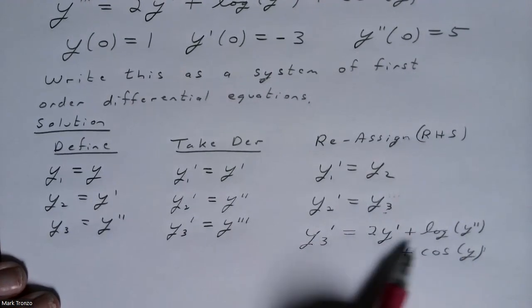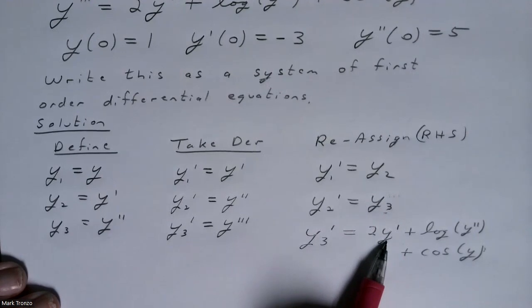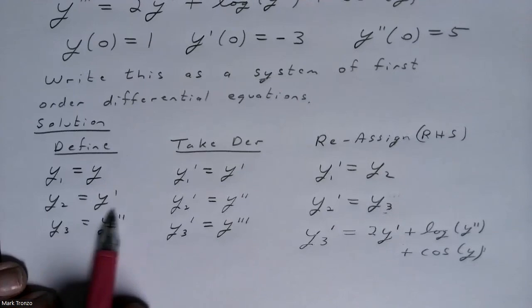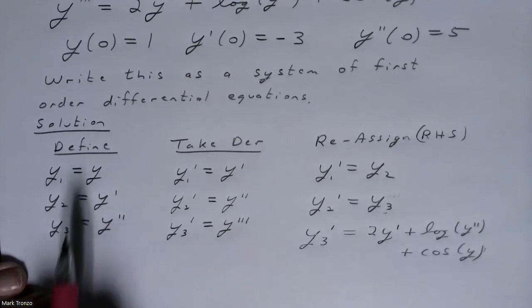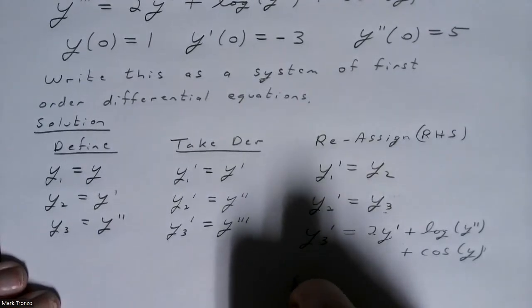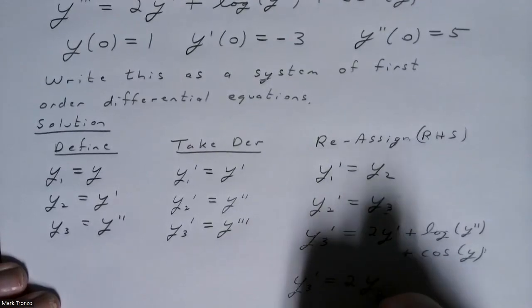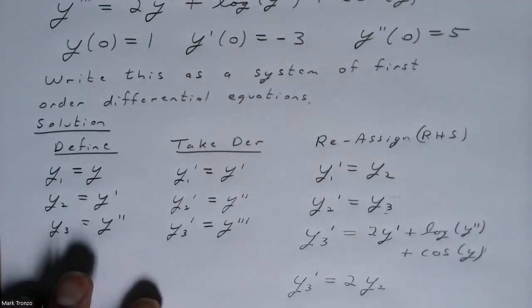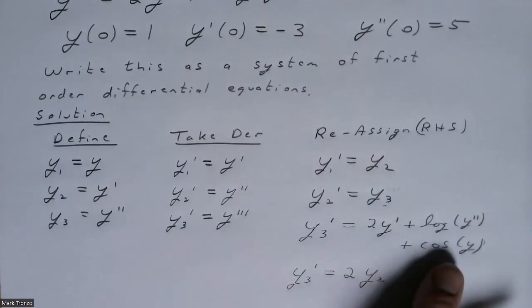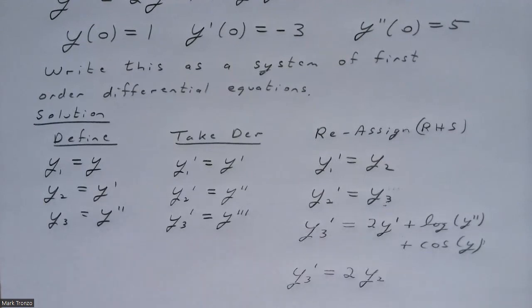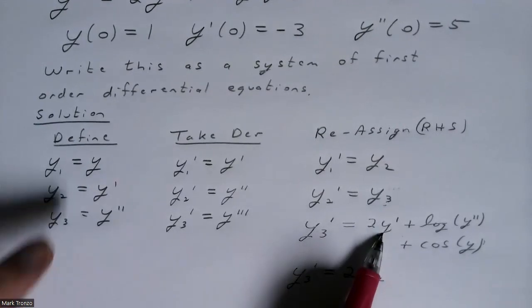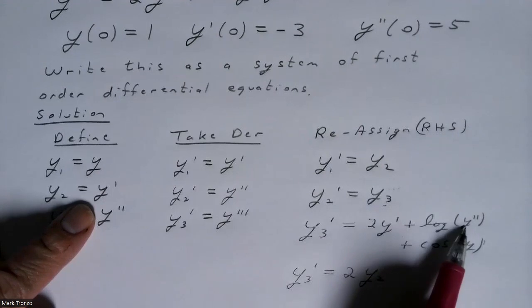So let's go back and see what some of these are. So y prime here, going back, is going to be y2. We want to be sure not to have any derivatives on the right-hand side. So y prime is replaced by y2.